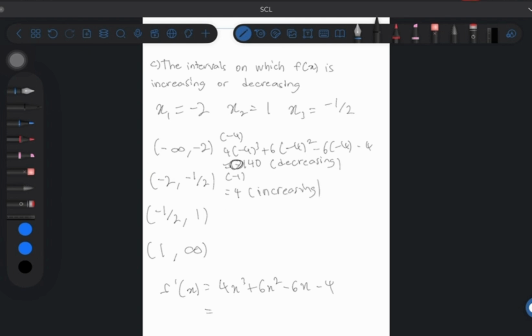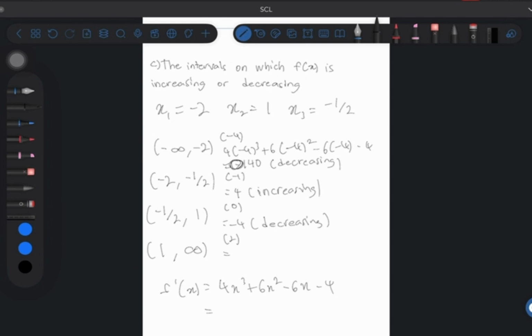For the third interval, the value we are going to take is 0. If we use the calculator, we get -4, which means the interval is decreasing. For the last interval, we can take 2 or 3 or 4 or 5, but I'm going to take 2.